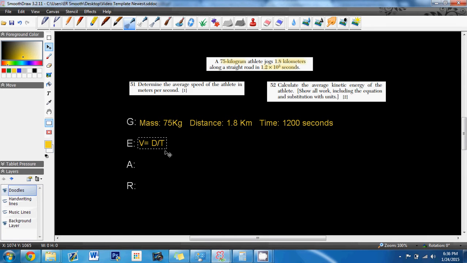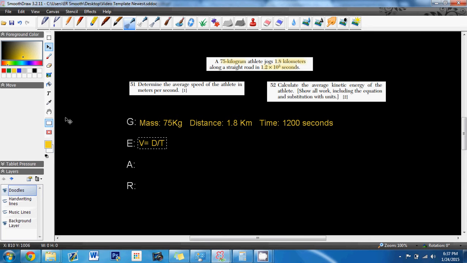Now we need to substitute in that equation. So we're trying to find the average speed of the athlete in meters per second. They give you the time and they give you the distance, so we're trying to find the speed, the velocity.